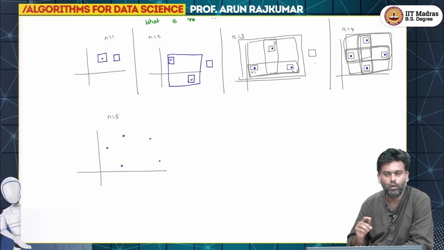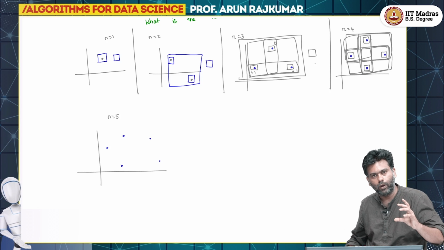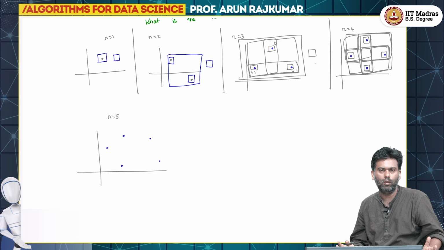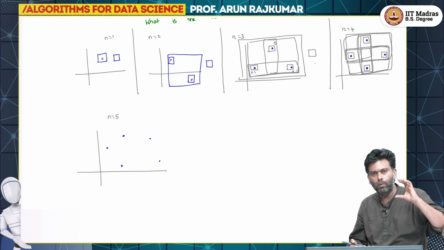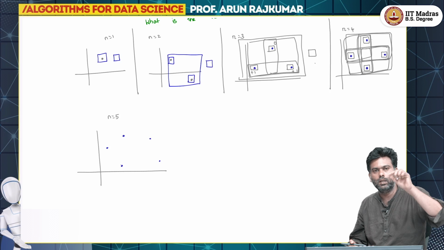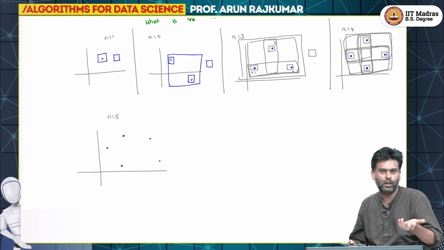So if I draw the tightest rectangle of 4 points, you can put 5 points anywhere on 2-dimensional space, what I am saying is that there will be 4 points for which, if I draw the tightest rectangle containing these 4 points, the fifth one will be inside this rectangle.